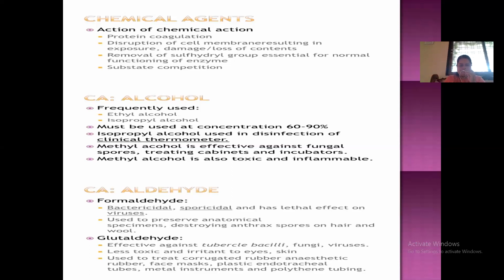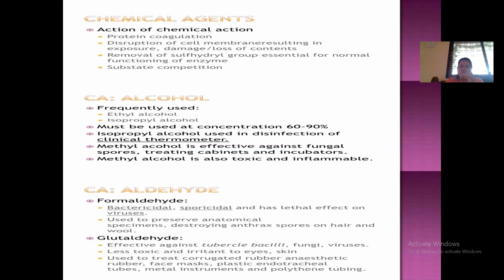It is used to preserve anatomical specimens, such as a botanical species or a zoological species. We use formaldehyde in the form of formalin to preserve specimens, and also for destroying anthrax spores of the hairs. These are certain uses of formaldehyde.